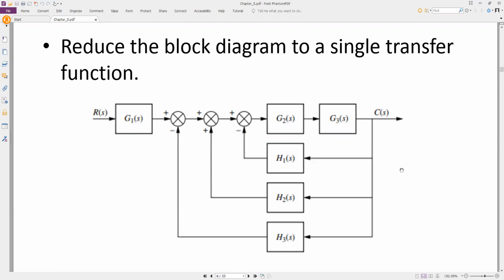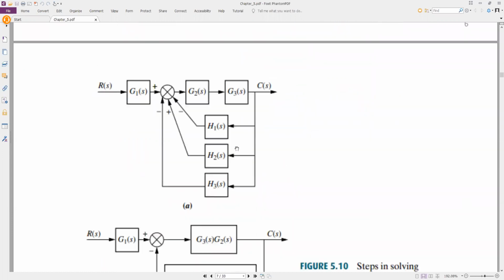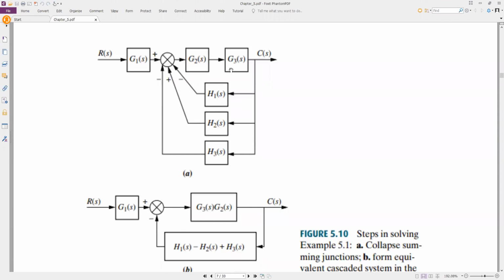So what we can do, first of all, we need to reduce these three summing junctions into one. That is our first job. And G2 and G3 and G1 into one. So first make one summing junction for H1, H2, H3, G2 and G3. Now multiply G2 and G3 and reduce H1, H2, H3.